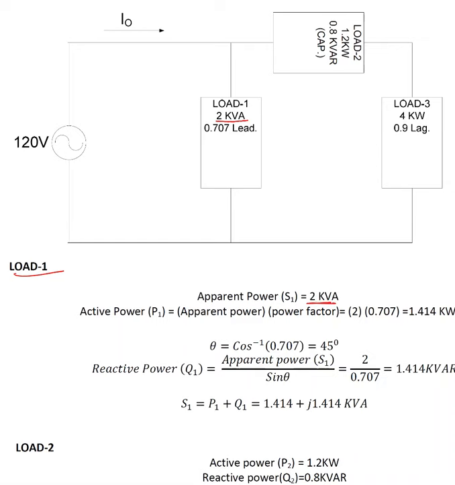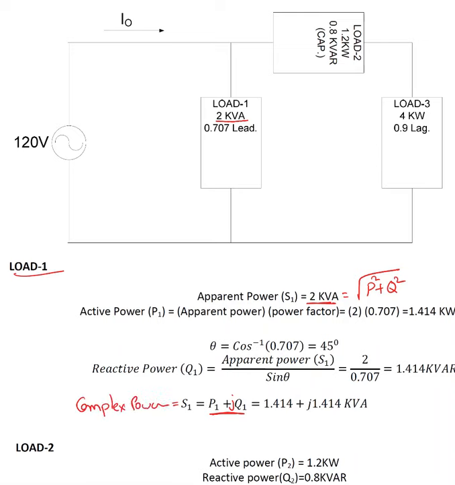Complex power is always P plus jQ, and apparent power is only the square root of P squared plus Q squared. Apparent power gives you only magnitude, but for complex power we always talk about real and imaginary parts.